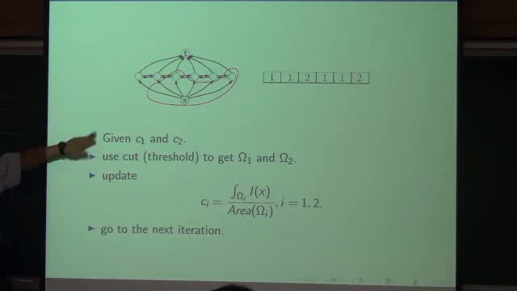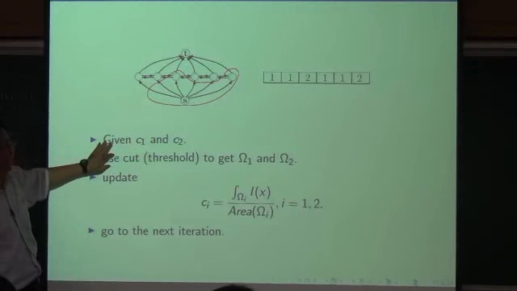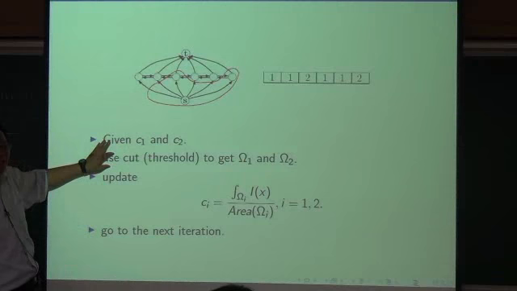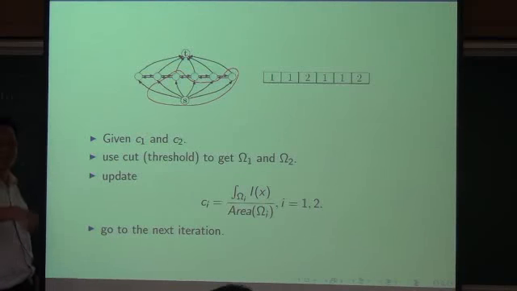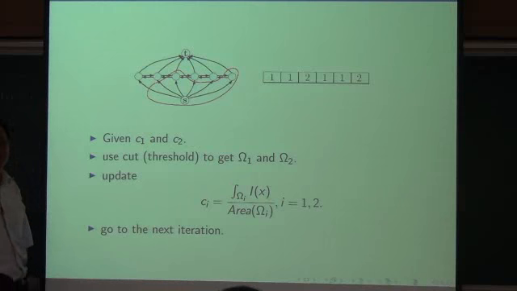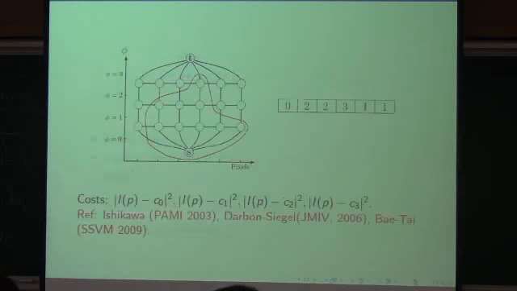If you have no flow here, this is as simple as a threshold. You just decide which constant I'm near. If I'm near, I go there. So each pixel easily gets one of two classes, and then you update C1 and C2. If you do such an iteration, this will be the most simple segmentation algorithm.